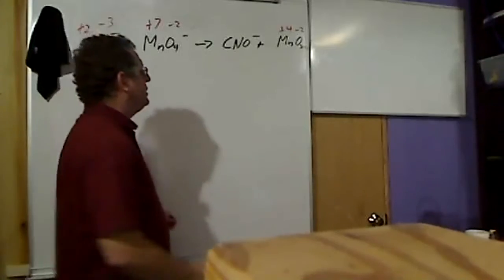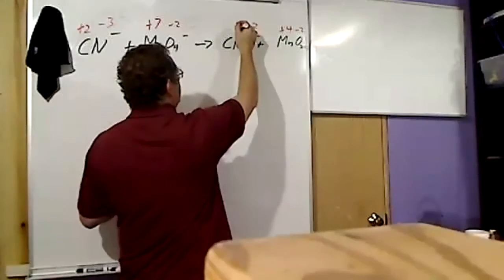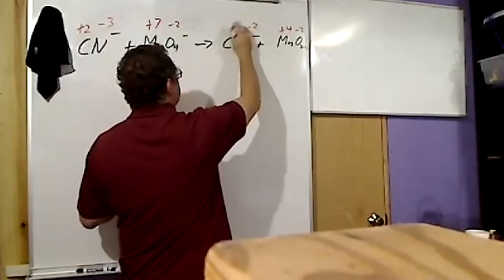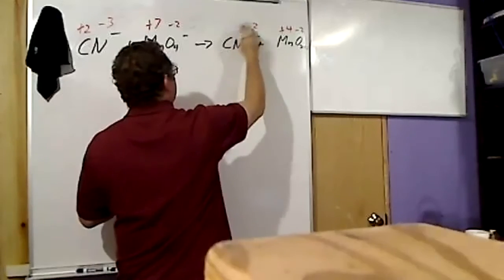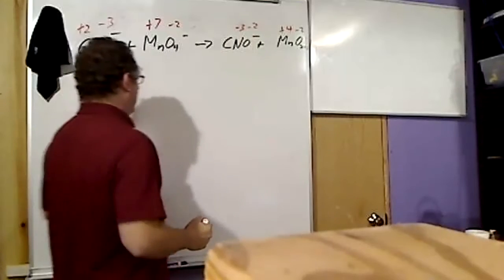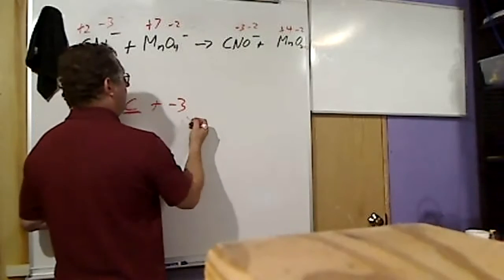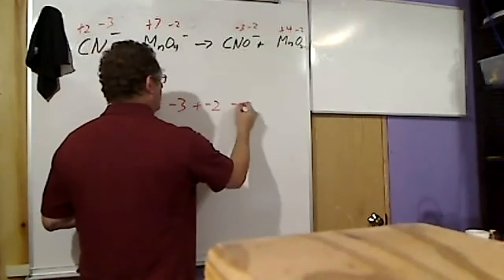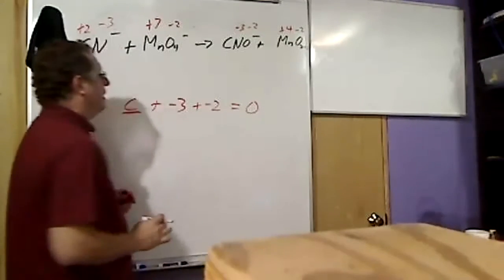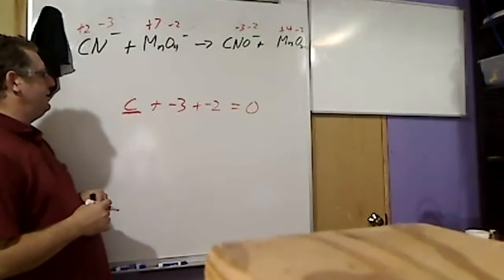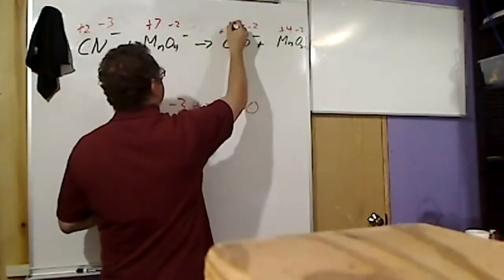Okay, oxygen is always going to be a -2. Nitrogen is still going to be a -3. It's still more electronegative than carbon. So I'm going to have whatever carbon's is here plus a -3 plus a -2, which is equal to 0. Okay. Carbon in this case is going to be a +4.